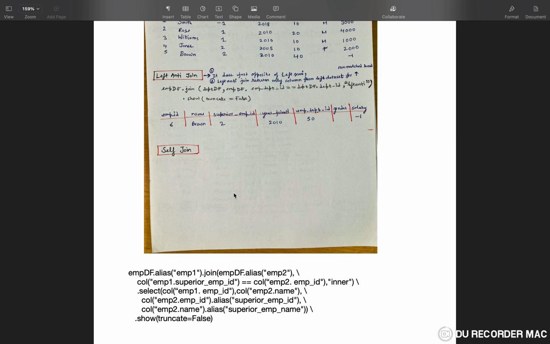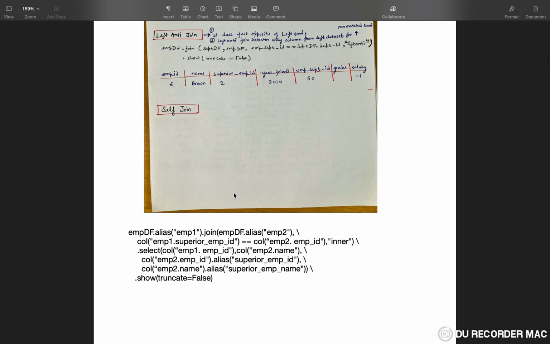So let us come to self join. So coming to the topic, the joins are not complete without self join. Let us see the syntax. We are using the employee data frame.